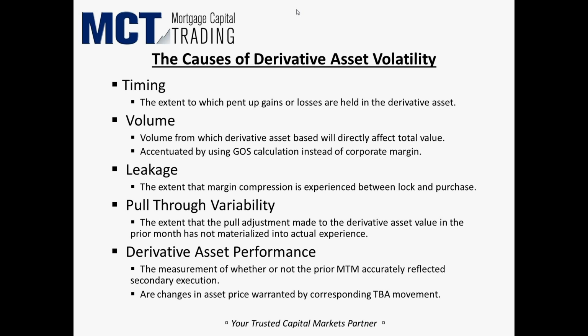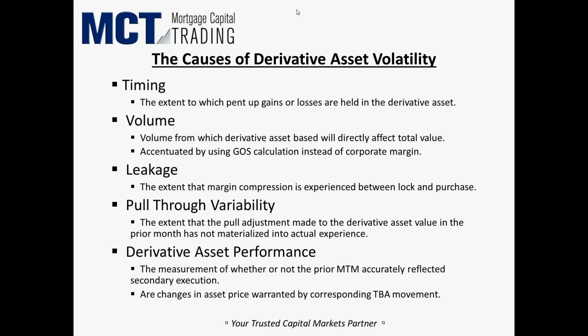So pull-through variability is the extent to which the pull-through adjustment made to the derivative asset value in the prior month has not materialized into actual experience. So what does that mean? Basically, we are haircutting the open pipeline profitability by a pull-through measurement.